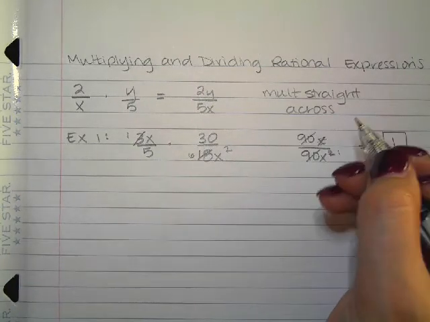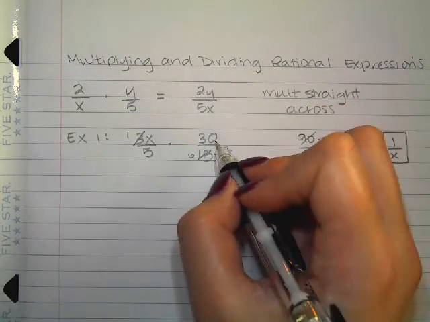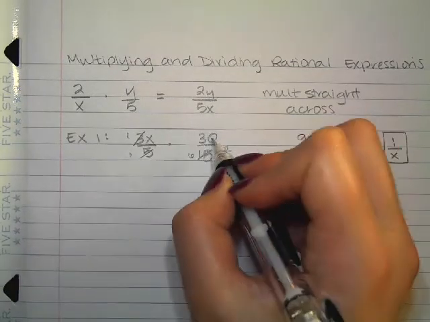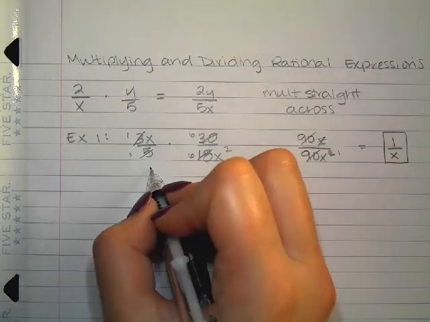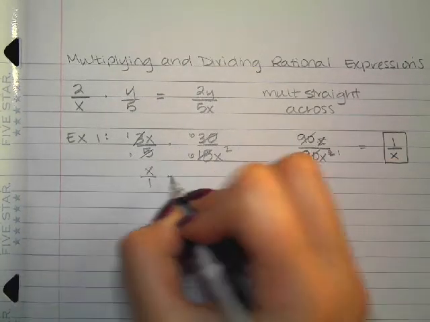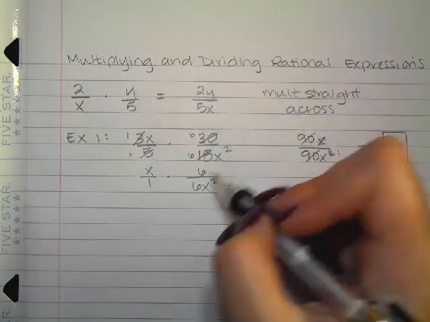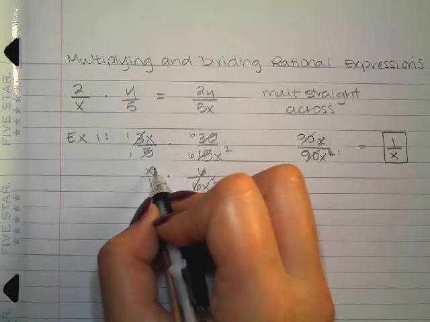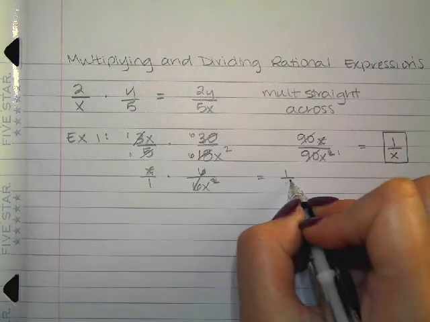And then I would say, okay, the 30 and the 5, those can simplify a little bit. 5 divided by 5 is 1. 30 divided by 5 is 6. So I can see I've got x over 1 times 6 over 6x squared. And then I can see that those 6's cancel, and that 1x over here will get rid of 1x over there, and that my result is 1 over x.